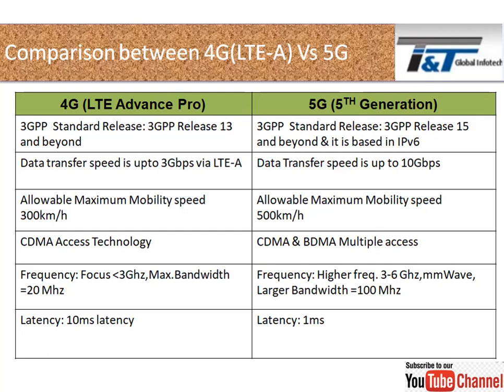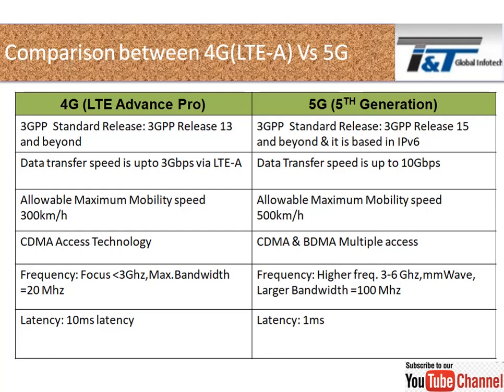If your bandwidth is more, our capacity will increase. It means more users can be latched in the fifth generation, but in 4G fewer users can be latched at a time because the bandwidth is 5 times less than 5G.